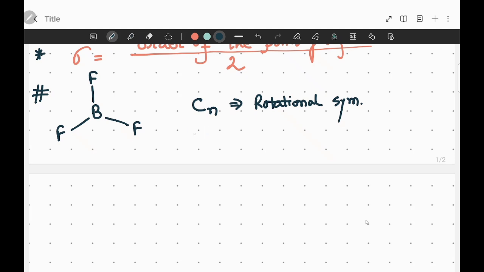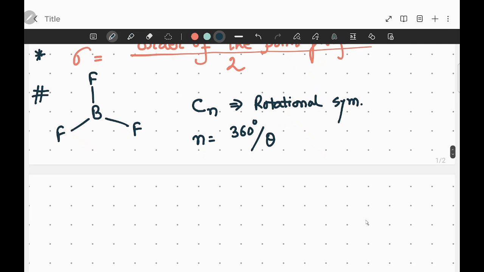So n should always be 360 degrees divided by theta. Theta means the angle by which you get the same molecule. Here it is 120 degrees, so it's 360 by 120, which is 3.